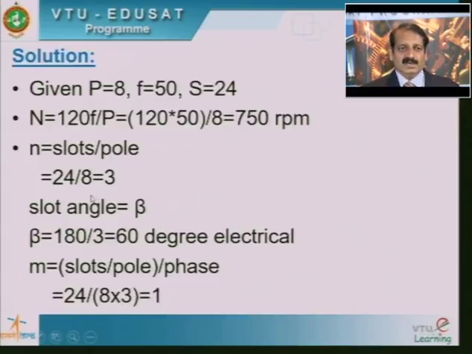That means under one pole, which has 3 slots, these 3 slots are allotted 1 slot for each phase. 1 slot is allotted for R phase, 1 slot for Y phase, and 1 slot for B phase. So, we have m equal to 1, where m is slots per pole per phase.